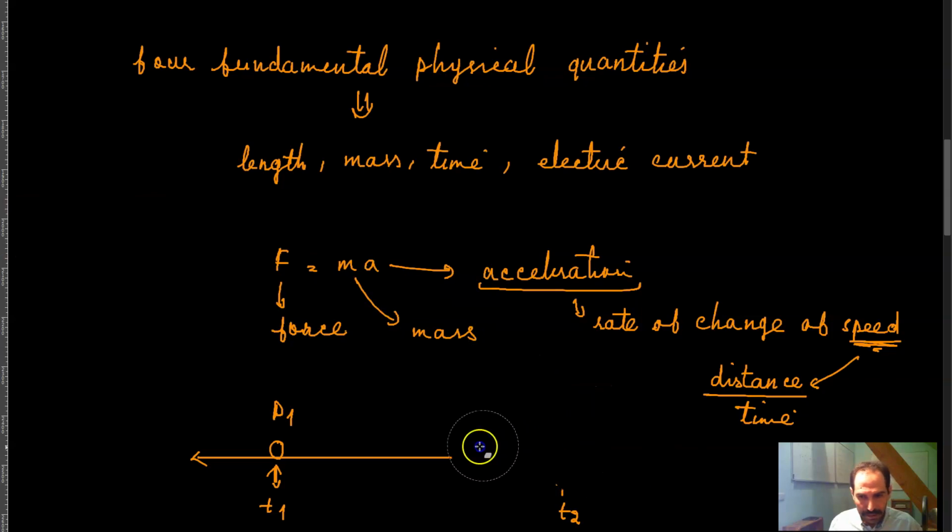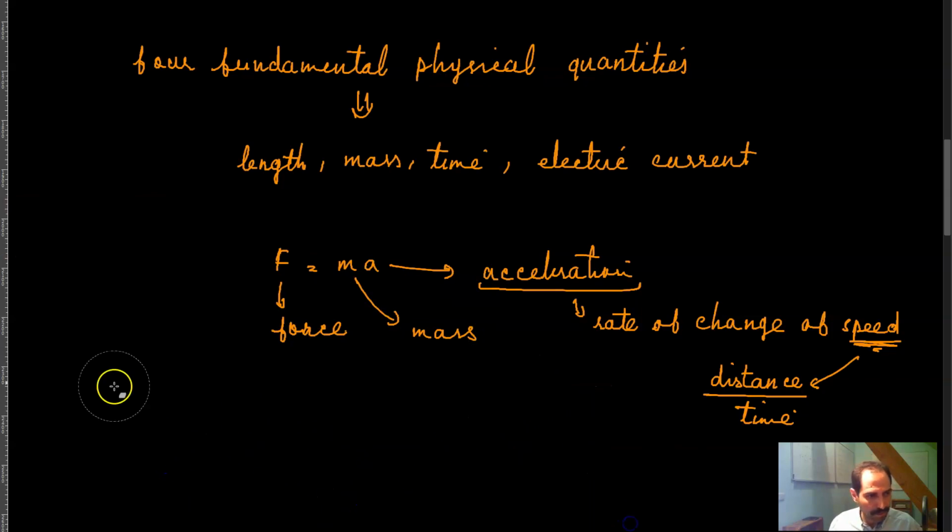So then it makes sense that, for example, distance is nothing but length, right? This is nothing but length, and this is of course time.